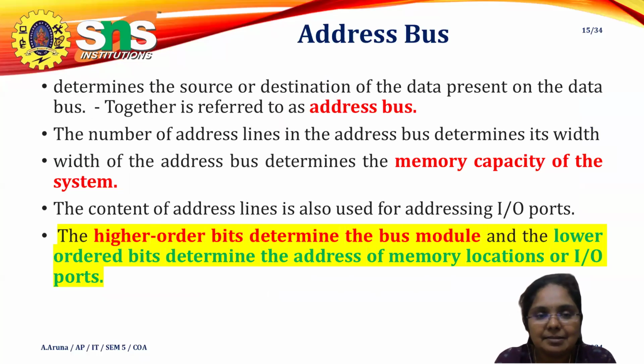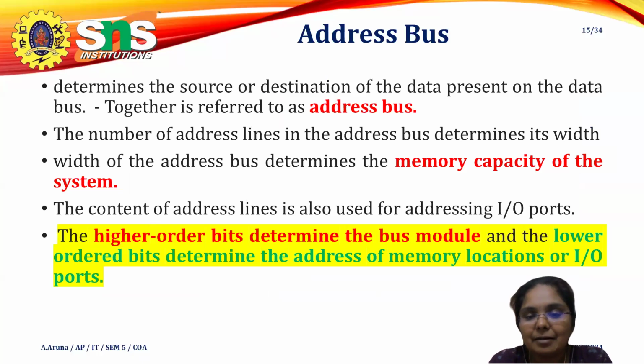The next thing is the address bus. The address bus determines the source and destination of the data present on the data bus. Address and data bus work together; then only can we transmit information from one component to another component. The number of address lines in the address bus determines the width of the address bus.